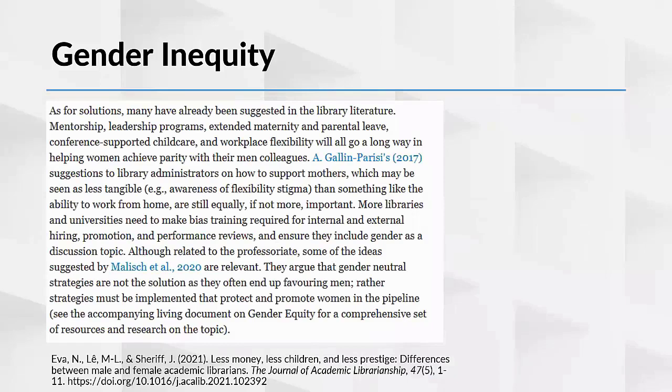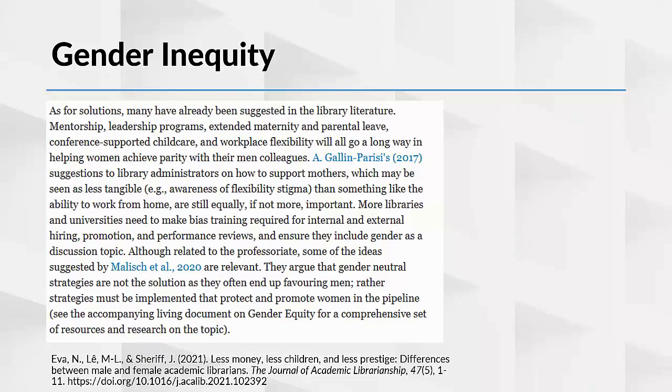But, right, what do you do? Well, Eva, Lay, and Sharif write, as for solutions, many have already been suggested in library literature and also beyond: things like mentorship, leadership programs, extended leaves when you have a child, conference-supported childcare, workplace flexibility.